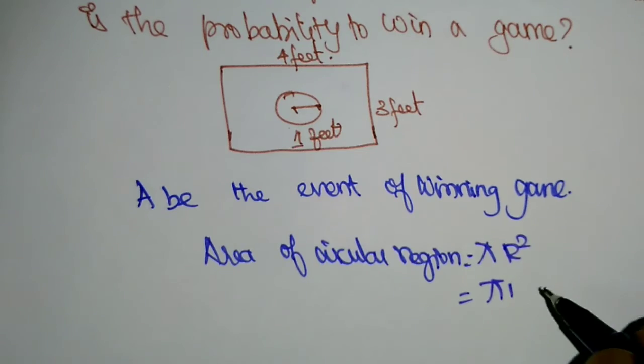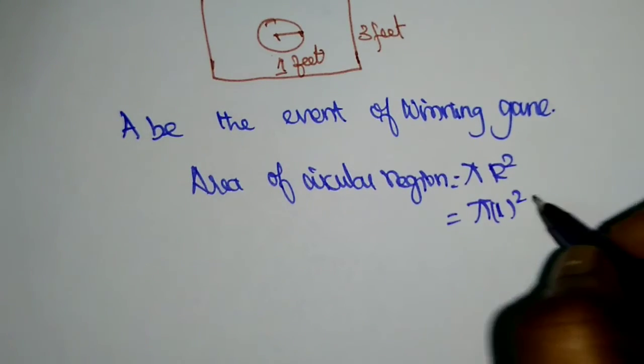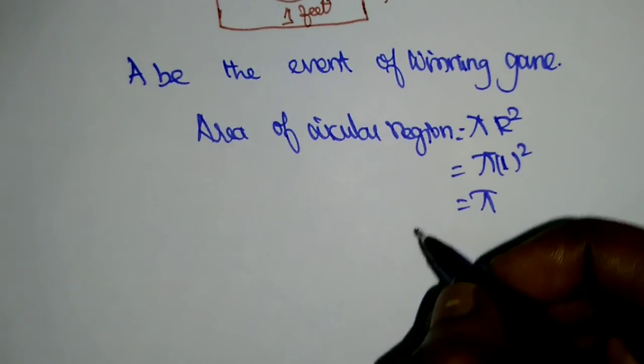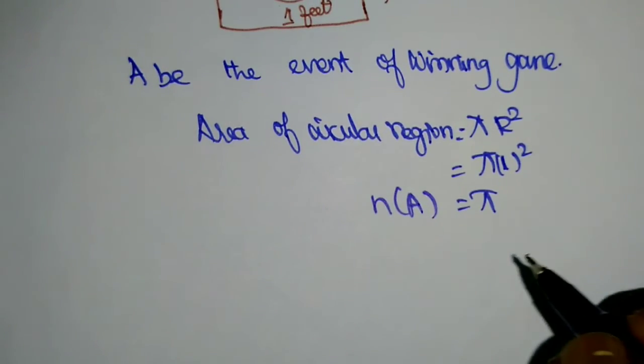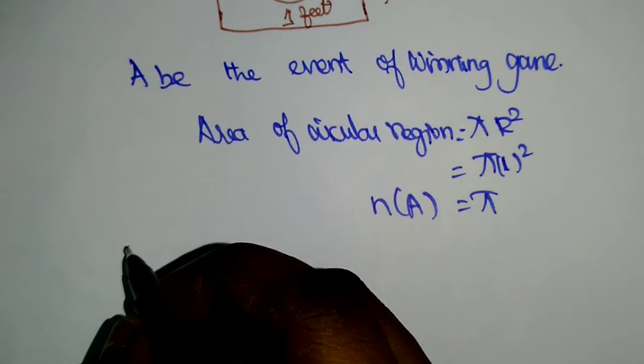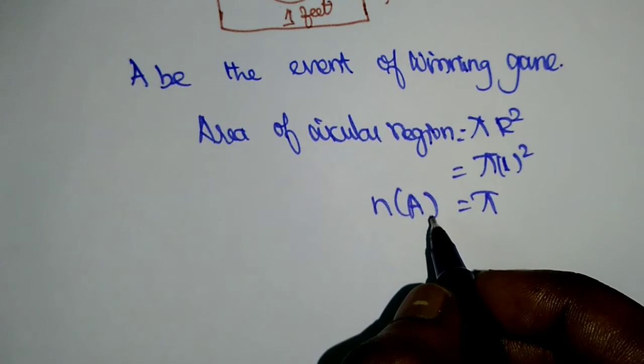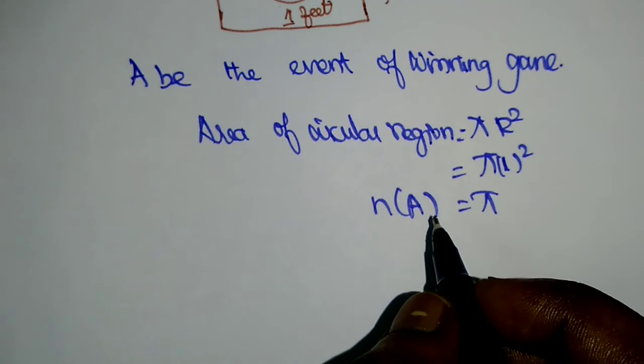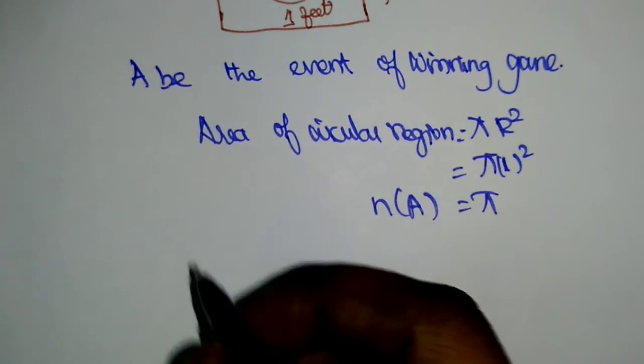So here r is 1. So 1 into pi is equal to pi. So here the n of A is equal to pi. So this is the region considered as win. Circular region is considered as win.